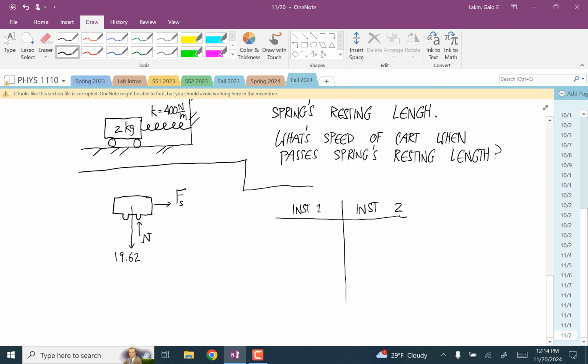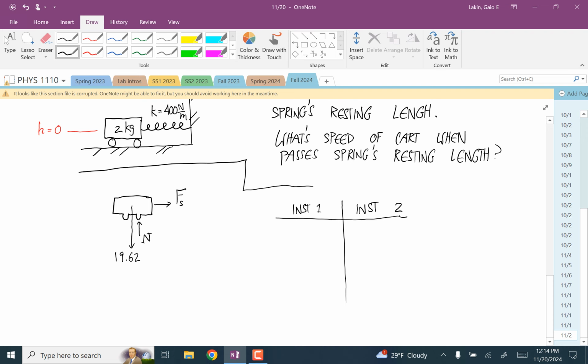There are two conservative forces here. So we can say H equals 0 is where the object is the whole time since it's moving horizontally. So I'm going to put in the potential energy for gravity.